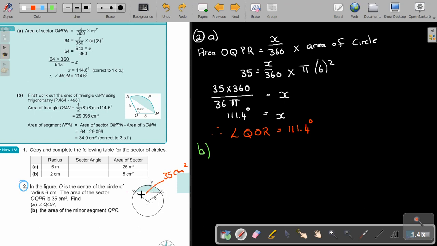That one. So I will first work out the area of this. Remember, I have the angle now. What is that angle? 111.4.